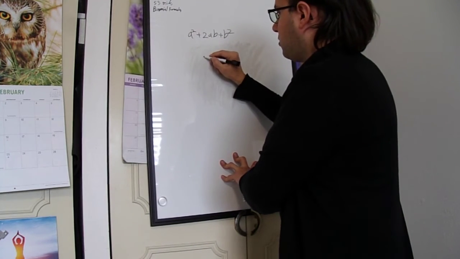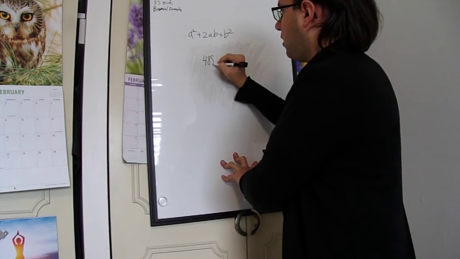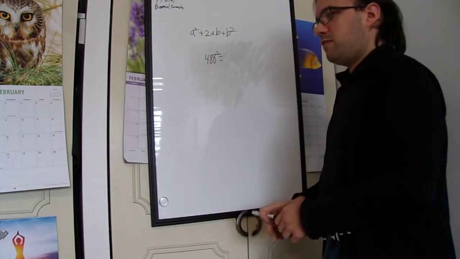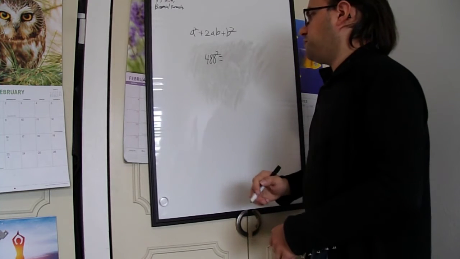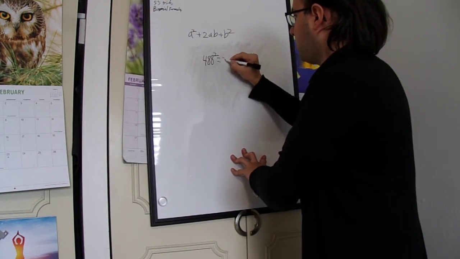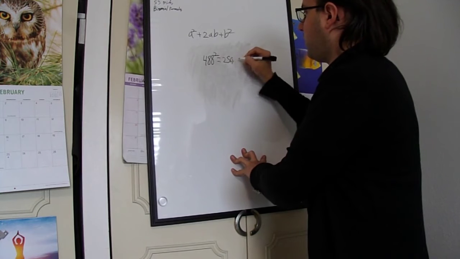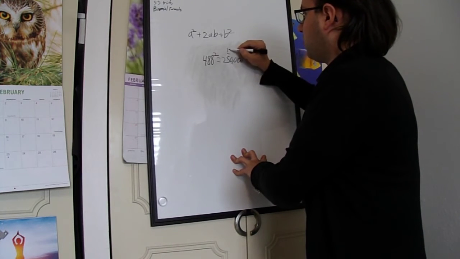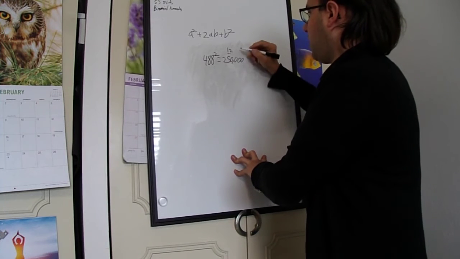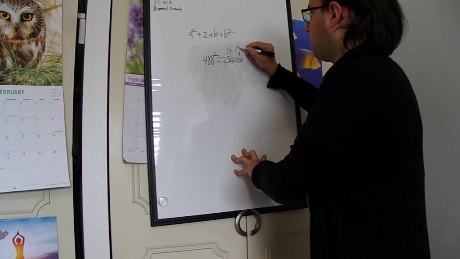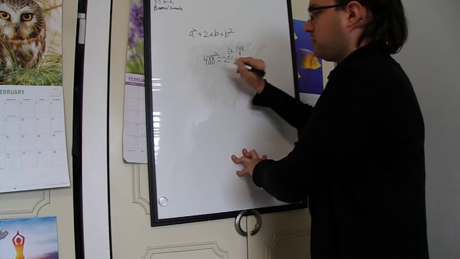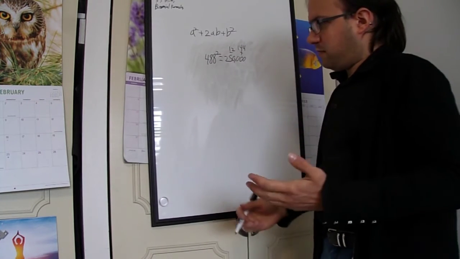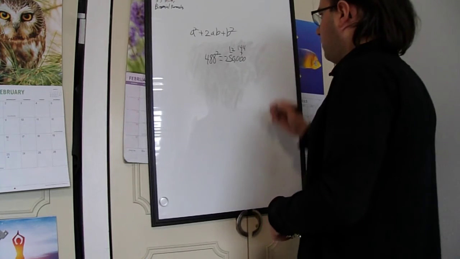Now, let's try with the negative case again. 488 squared. This is the negative case, but it's 500 minus 12. So we're going to use that same base of 250,000, and we'll subtract 12 right here, and we'll add 144, because it's negative 12 squared, so your number squared is a positive.